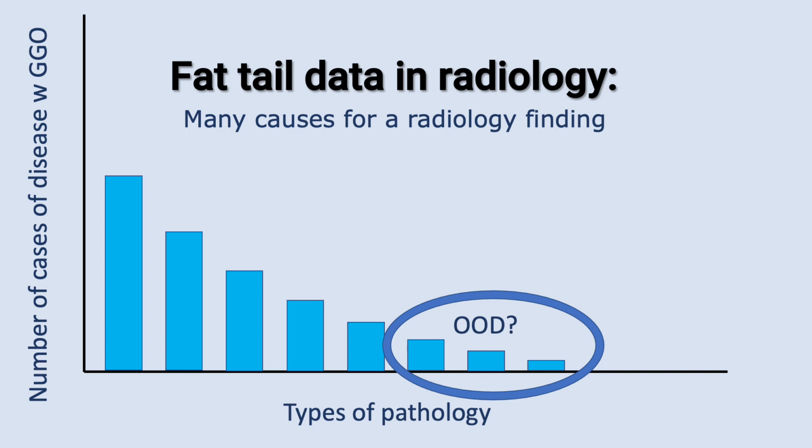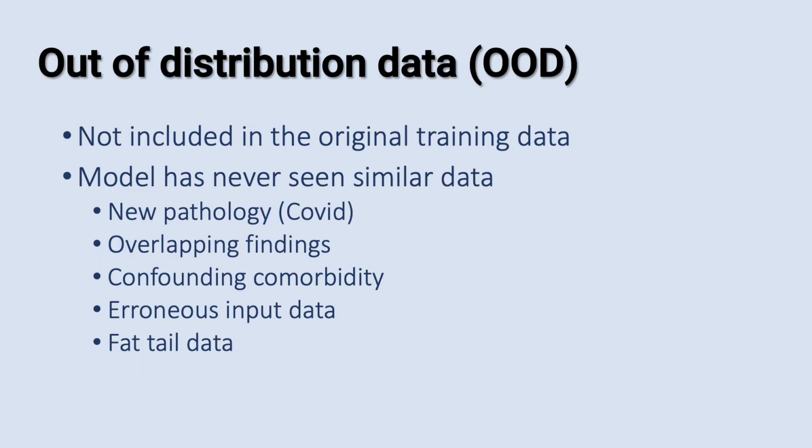And it's not uncommon, especially today, that you don't have any examples. So if the algorithm were to see that, it wouldn't know to call it one of those diseases, because those diseases are out of distribution, or OOD. The model has never seen them before. It hasn't learned to recognize them. OOD data is a big deal.